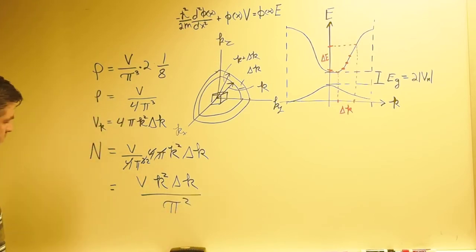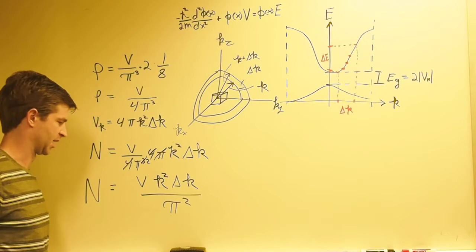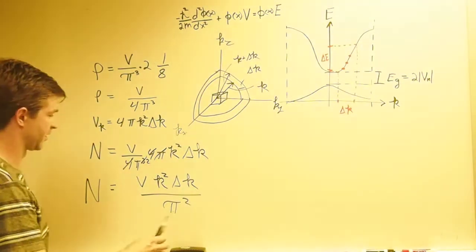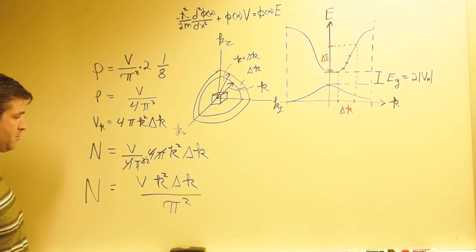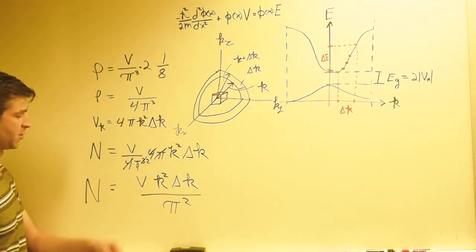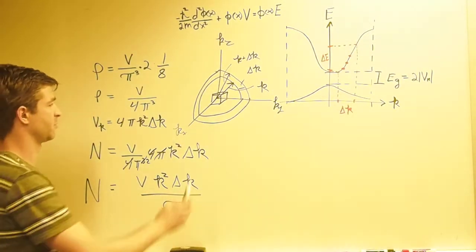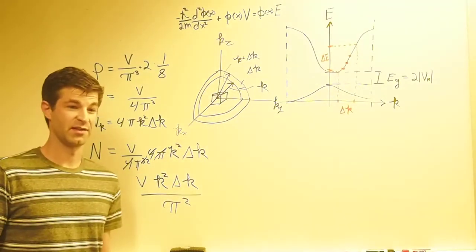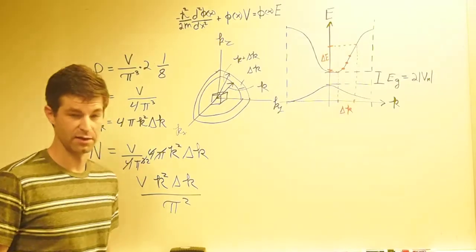Okay, so that's my states per unit volume. Number of states in some volume in K space. Actually, now it's just number of states, because we multiplied this volume by this differential volume here. So now we just have states. We don't have states in terms of K.